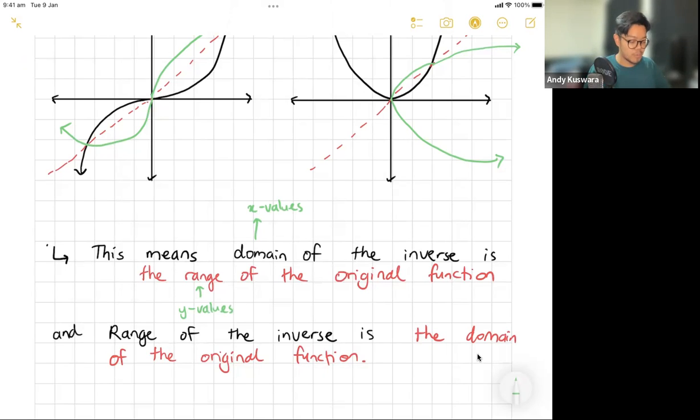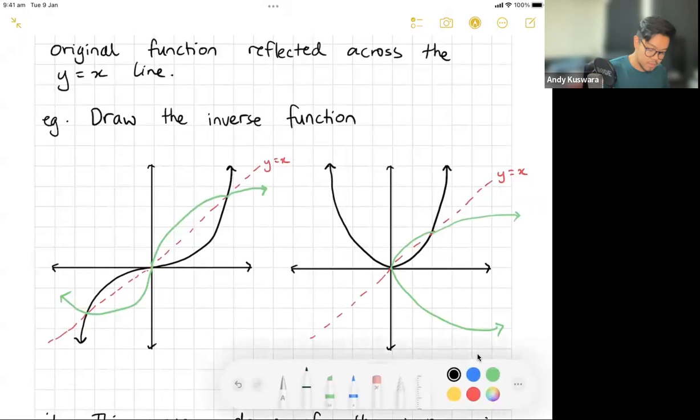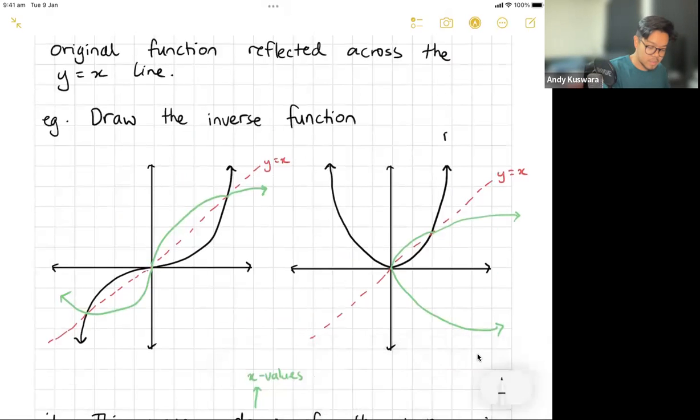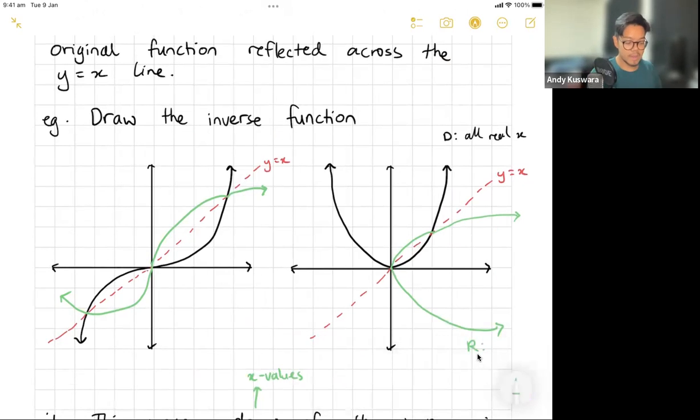So for example, if I took a real quick look here, my domain for this graph is going to be all real x, right? Because all values of x are possible. So that means the range for my other graph is going to be all real y.